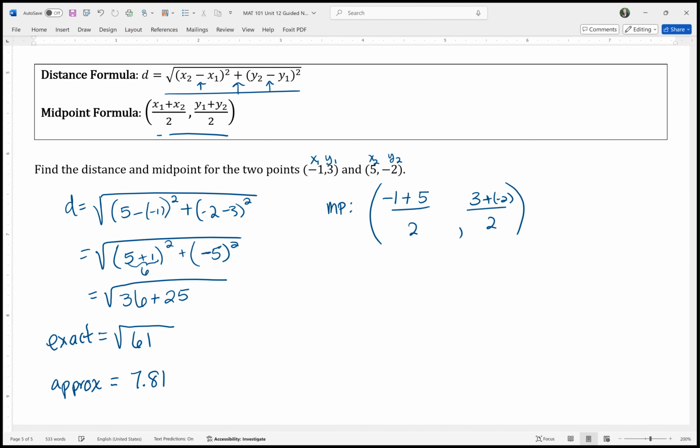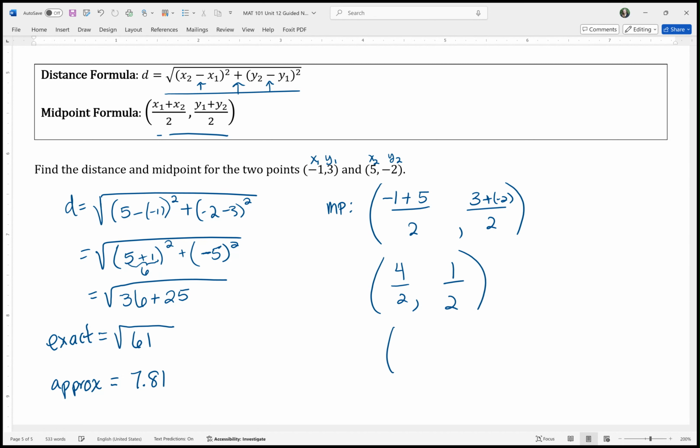It really doesn't matter the order of what you're putting in the top. You basically are just adding the x values. So if you want to do x2 plus x1, that's fine, and y2 plus y1, that's fine. Whatever helps you remember. So -1 plus 5 is 4, divide by 2. 3 plus -2 is 1, divide by 2.